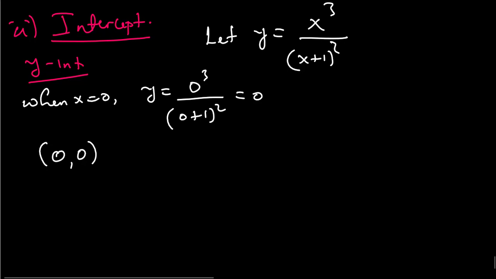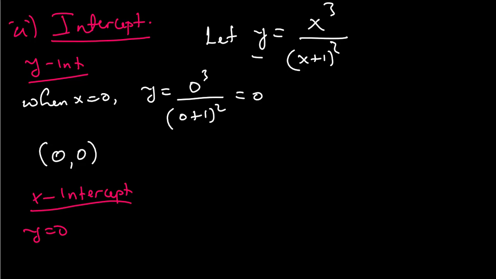Now the next is the x-intercept. The x-intercept occurs when y is equal to 0. So when y is 0, we replace inside here. So what we get is 0 is equal to x cubed divided by (x plus 1) all of that squared.